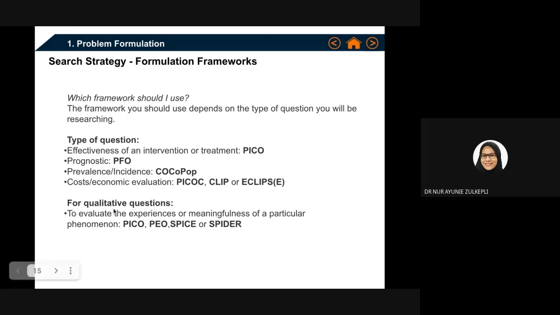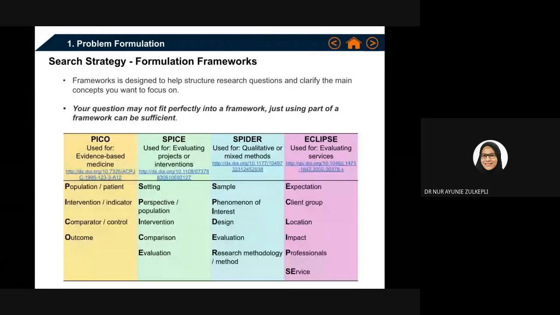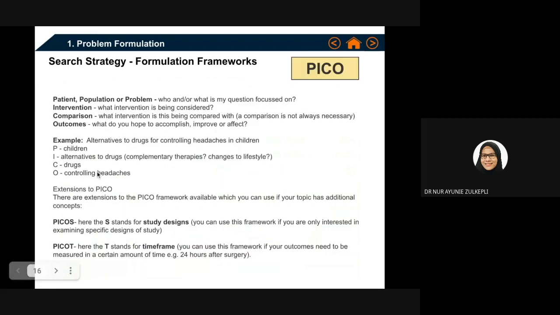And for qualitative studies, you can use PICO, PURE, SPICE, or SPIDER. You can also find additional frameworks not mentioned here by yourself. The four types of framework that I showed you are basically the main ones, the most used by reviewers. For example, PICO is the most widely used.